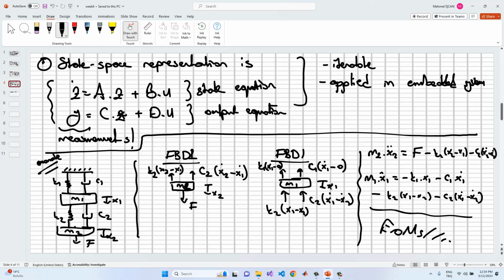No, because x1 is pulling down. If you pull x1, this k2 creates the reverse force, right? And so this x1 is firstly moved in the first free body diagram, and then x1 minus x2 is the deflection here.